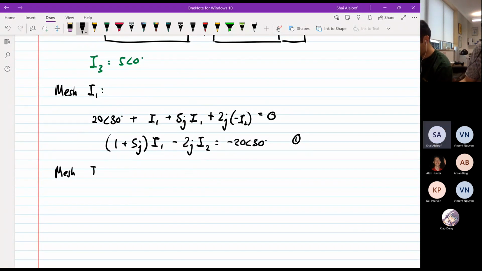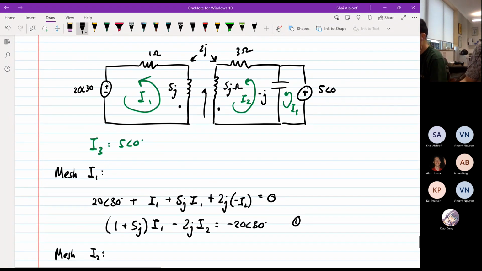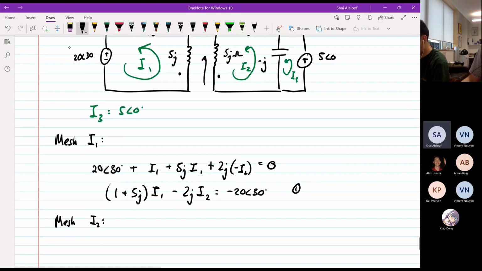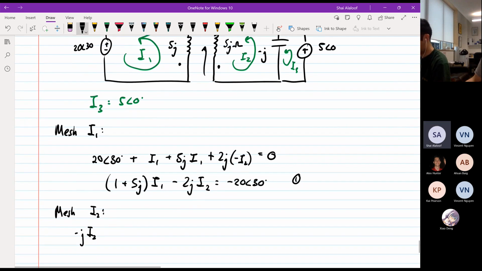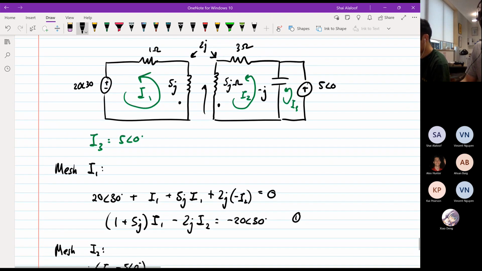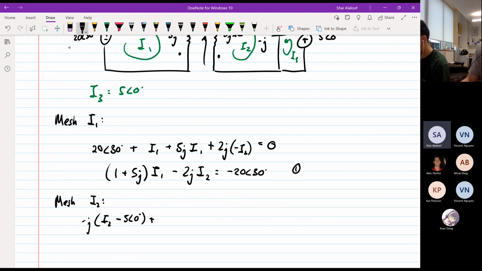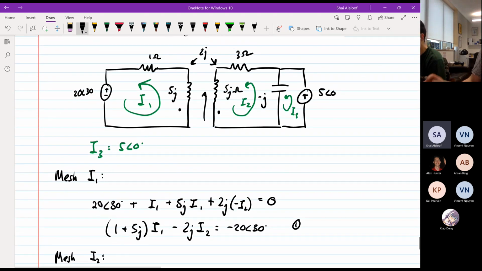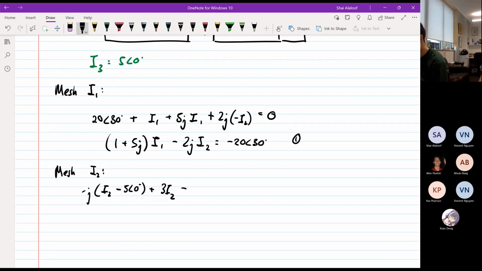Mesh I2. So if I go around, I've got minus J I2. Well, actually, it should be minus J I2 minus I3, which is 5 with a phase of 0, plus 3 I2 plus 5J I2.